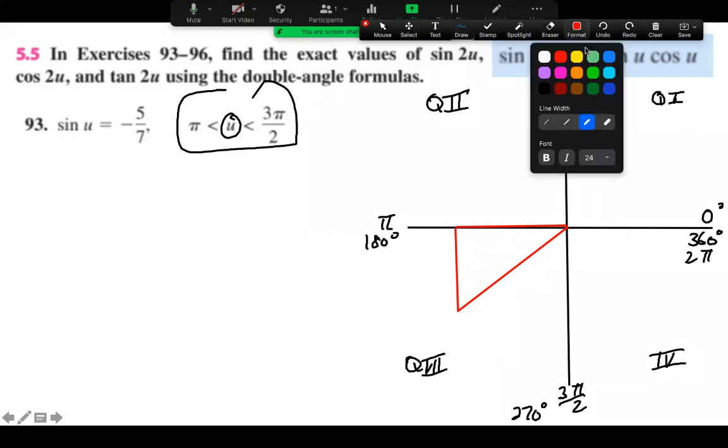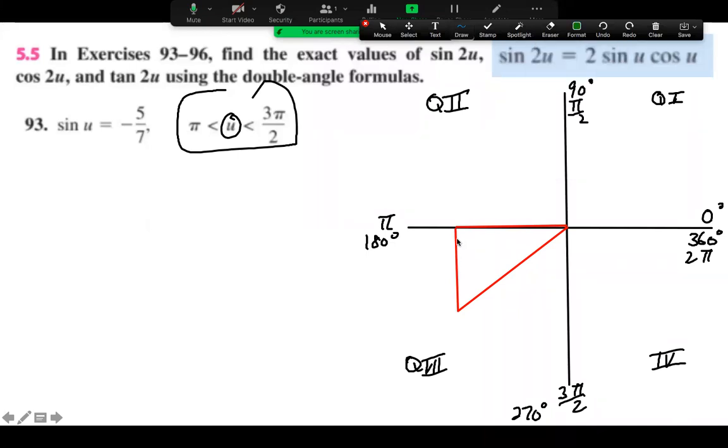So I can put that this is a right triangle, and our reference angle always butts up to the origin. I'm going to call it u because that was used in the problem. You could call it theta if you wish. And remember, sine is a fancy, funky word for opposite over hypotenuse.